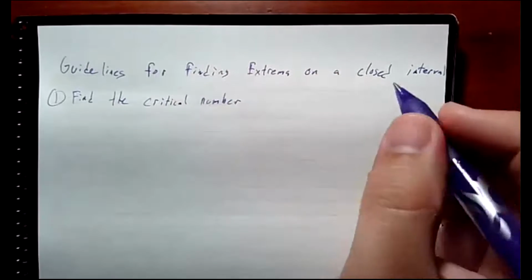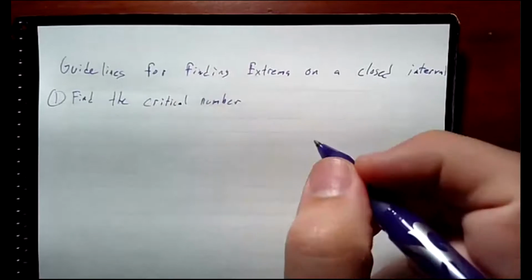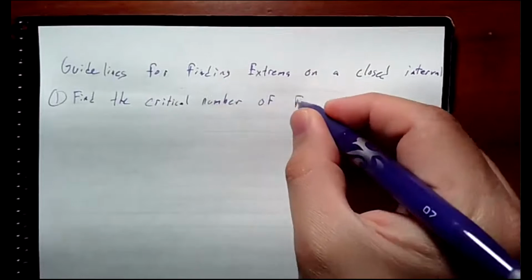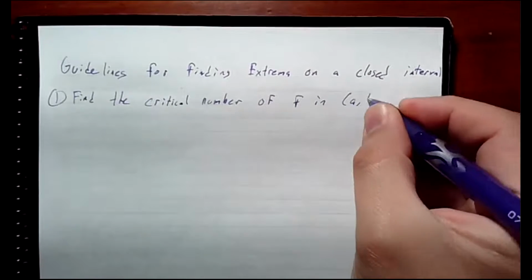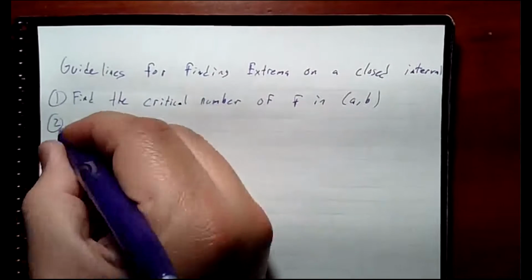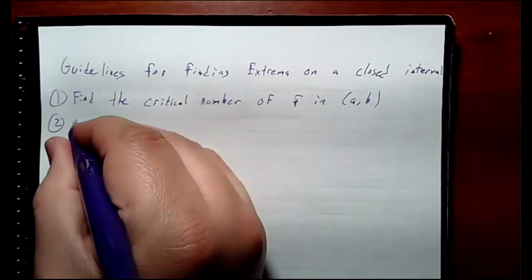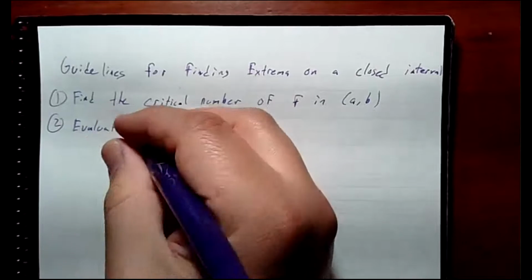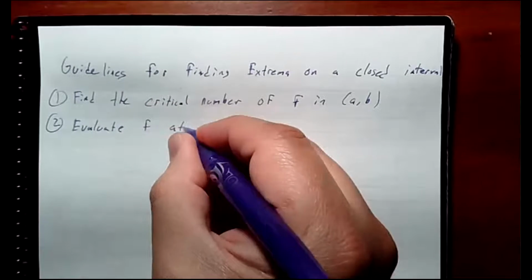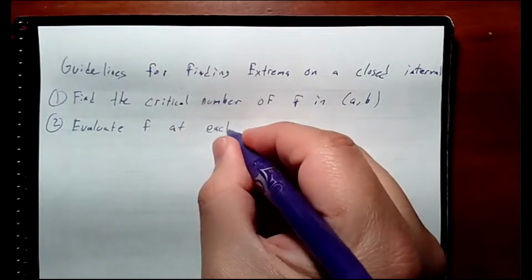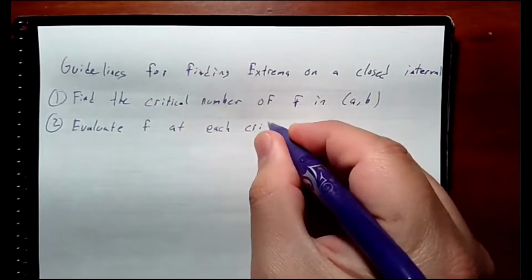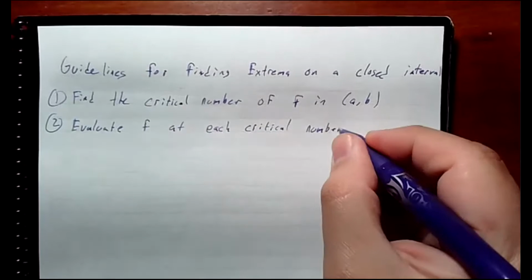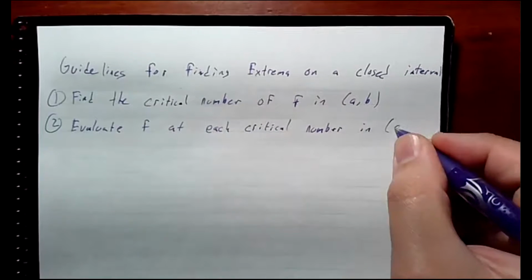So number one, first step you do when you have a question like that is find the critical numbers of f. That's what you got to do. And of course, I'll show you how to do that in a moment. Number 2, evaluate f at each critical number in AB.